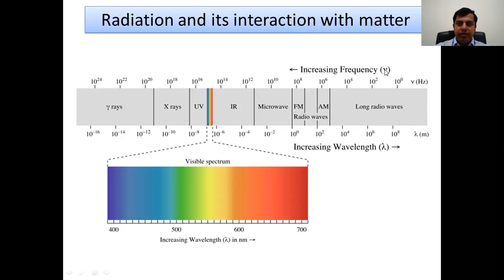If ν is increasing on this side or decreasing on this side, similarly you can explain that the energy is increasing on this side or decreasing on this side.